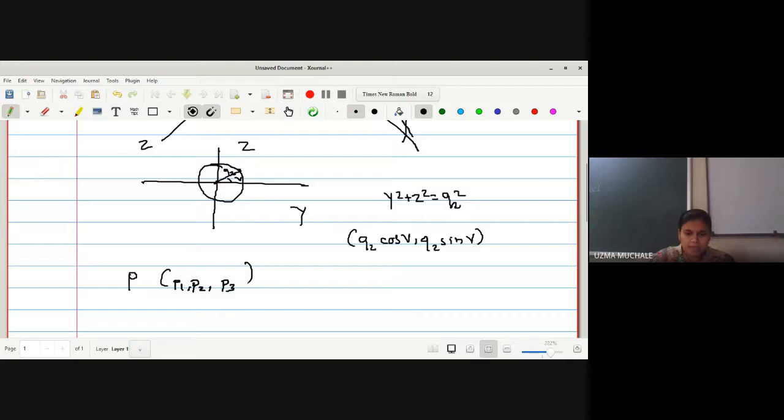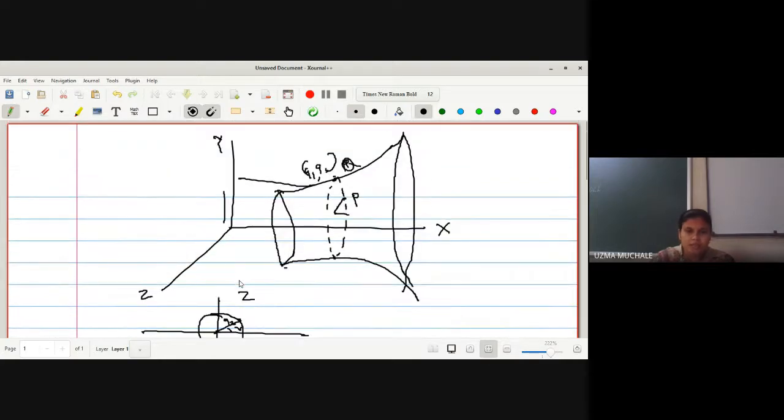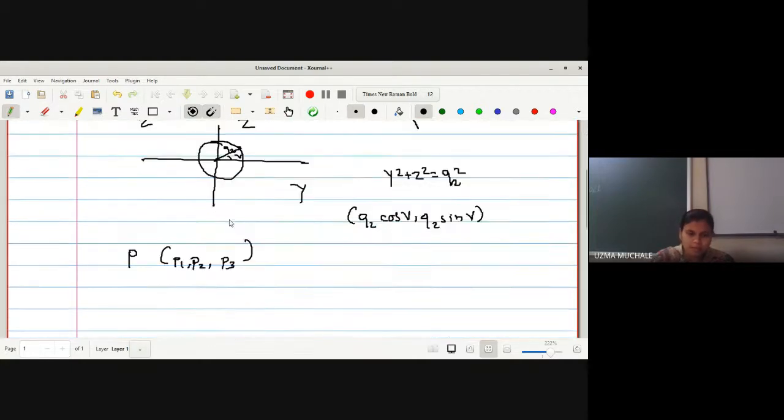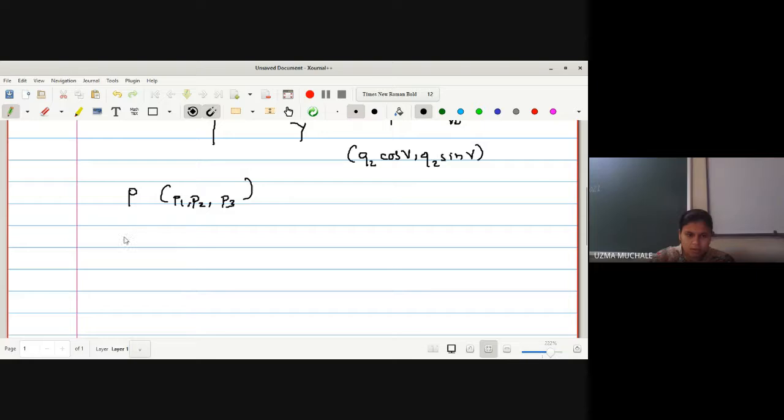There is no change in the x coordinate, since the x coordinate will be the same. So this coordinate will be the same, and P1 will be equal to Q1, and P2 and P3 are Q2 cos V and Q2 sin V.